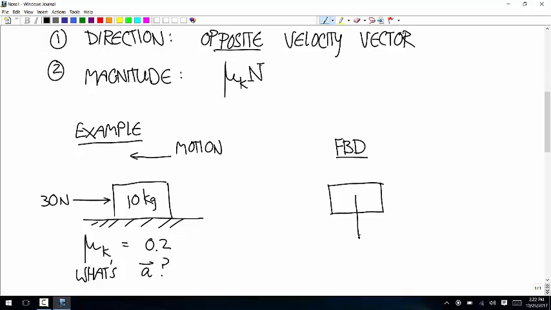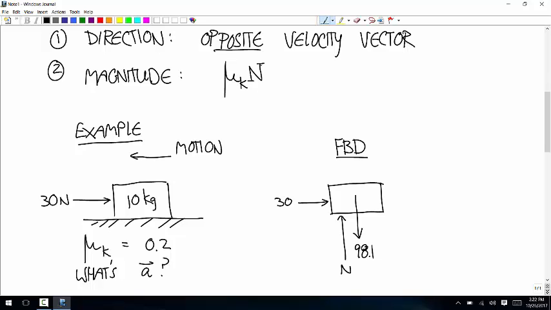So in the free body diagram, there's the weight force, 10 times 9.81, and then there's the pushing force of 30. And then there's the pushing force from the surface up to the object.